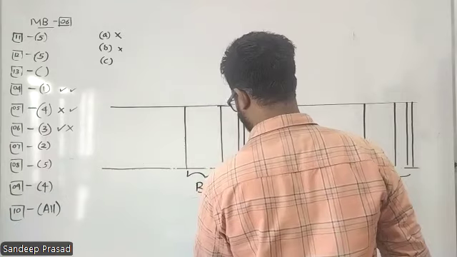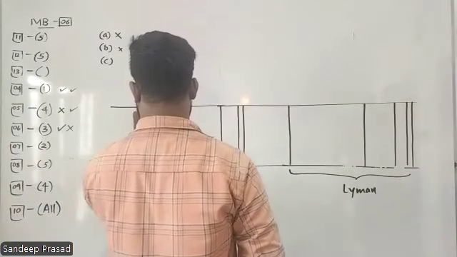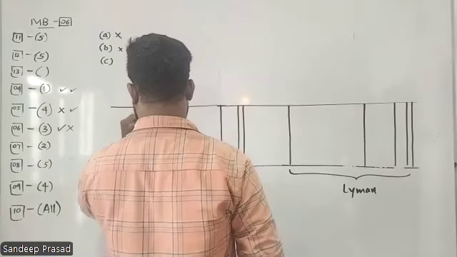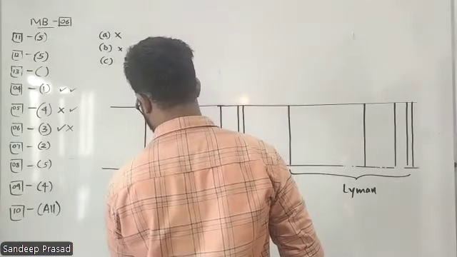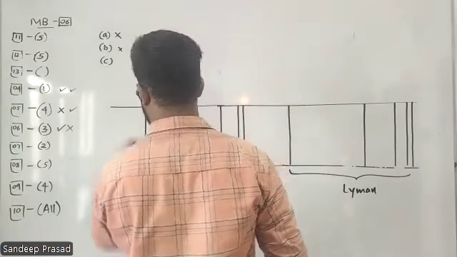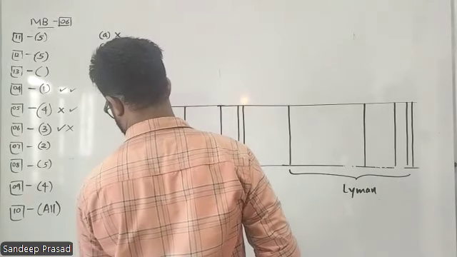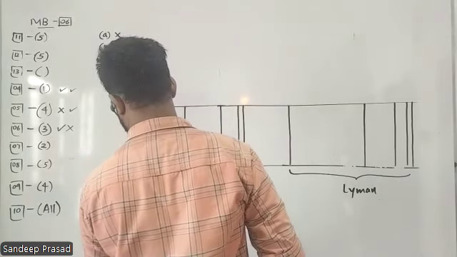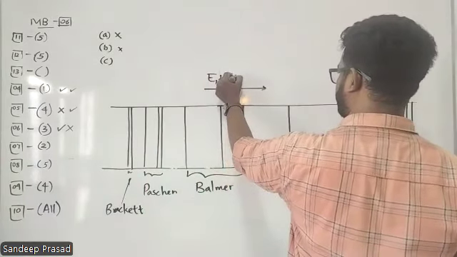This is Balmer. And then Paschen. And then Brackett. Right? So this is the direction where energy and frequency are both increasing.